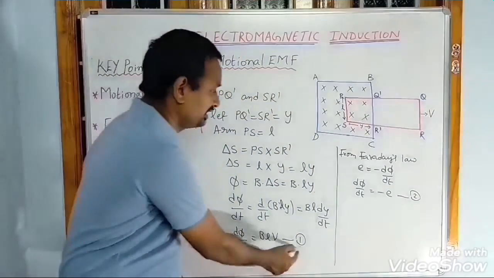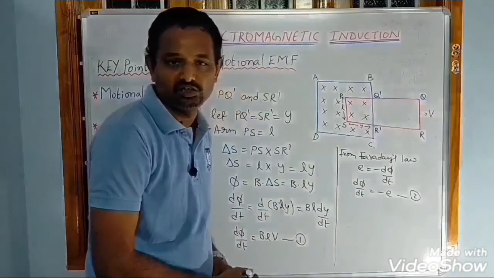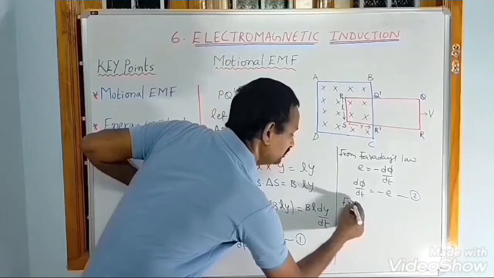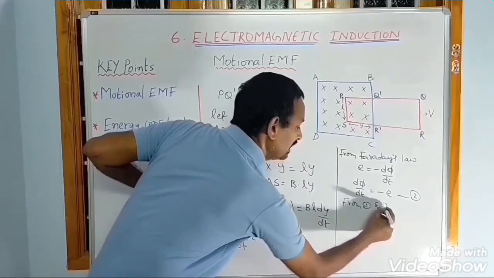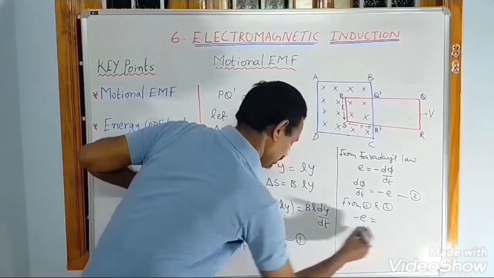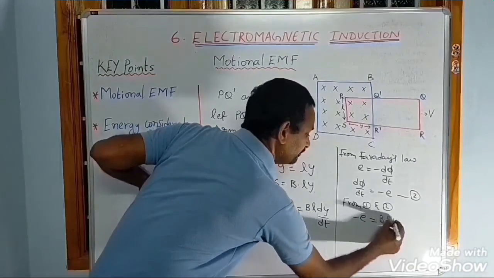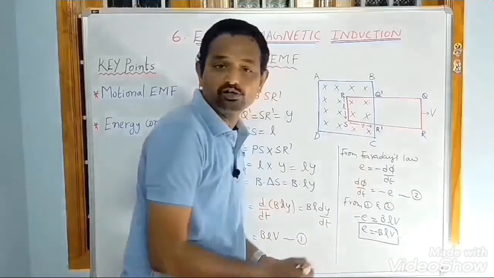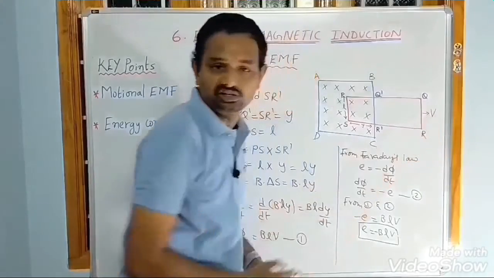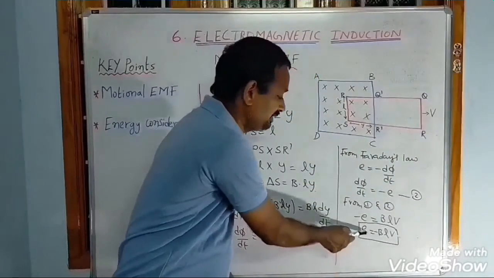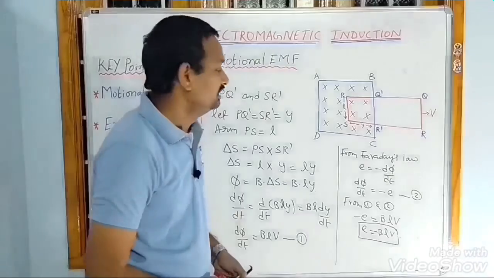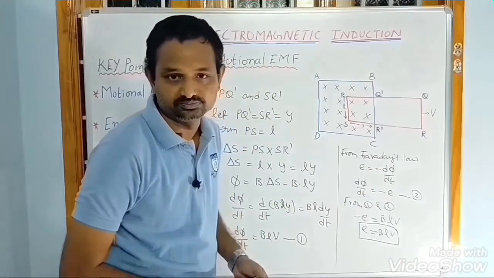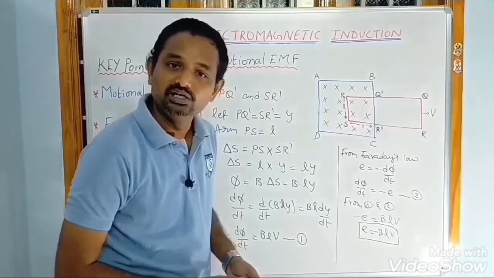Students, from 1 and 2 the LHS are equal, therefore the RHS will be equal. So minus E equals BLV, that is E equals minus BLV. So when a coil is moving with constant velocity, the EMF will be constant. Due to that, the flux linked with the coil does not change.